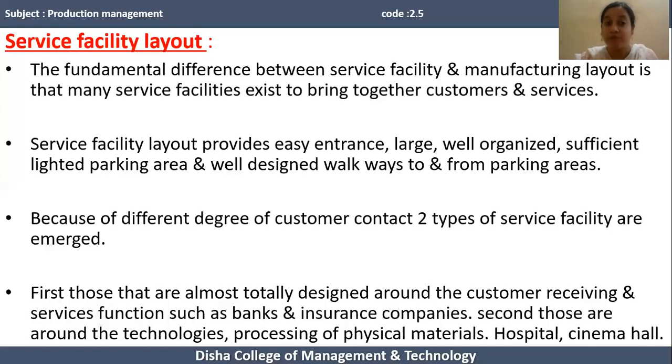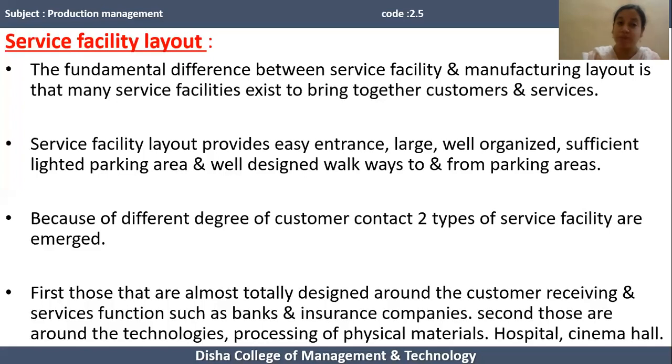By selecting a particular service facility layout, the organization can arrange everything in a sequential manner, so that they use every space of a particular floor, provide the required service to the customer within less time, serve their customer in a better way, and get maximum customer satisfaction.